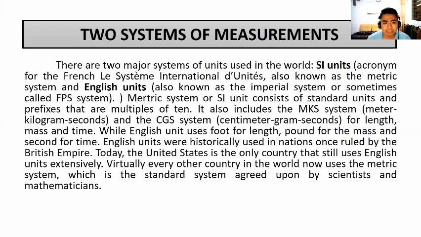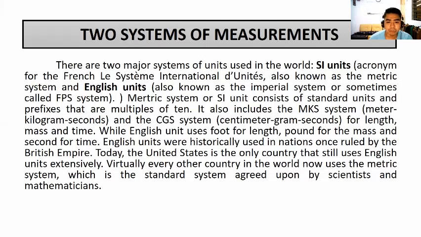The metric system consists of standard units and prefixes that are multiples of 10. It also includes the MKS system, meter, kilogram, seconds, and the CGS system, centimeter, gram, seconds, for length, mass, and time.